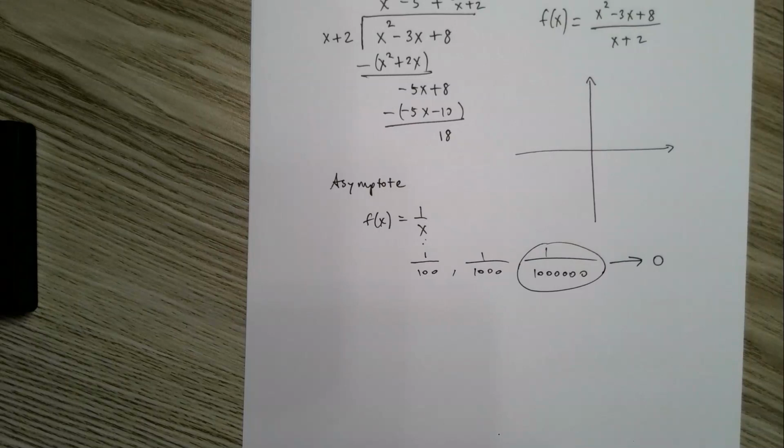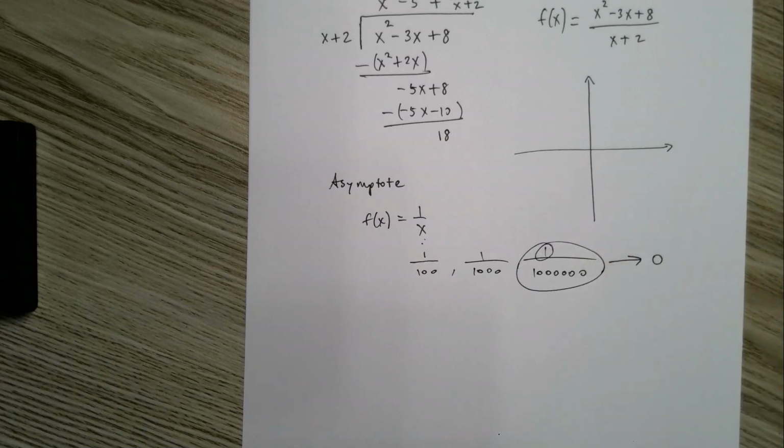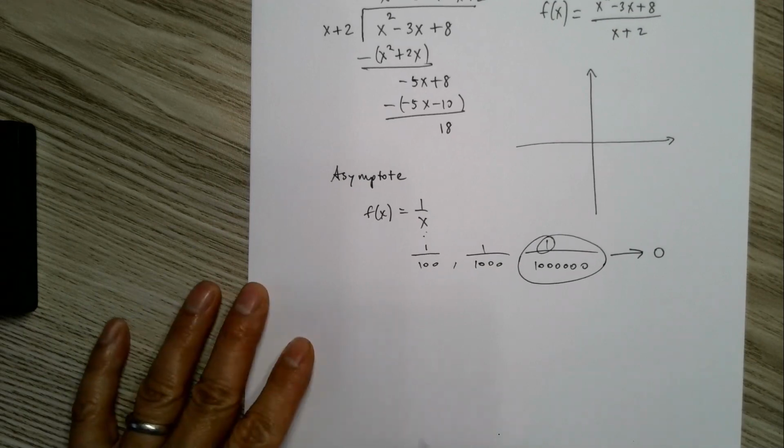The larger number I put in for x, the closer the function gets to 0. But since we have a 1 in the numerator, the overall function will never actually be 0.